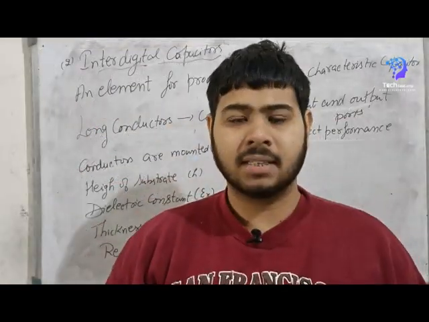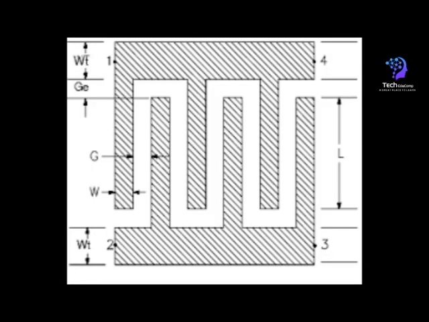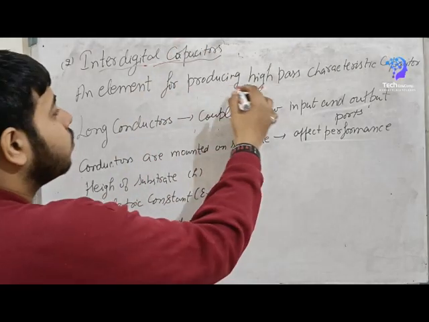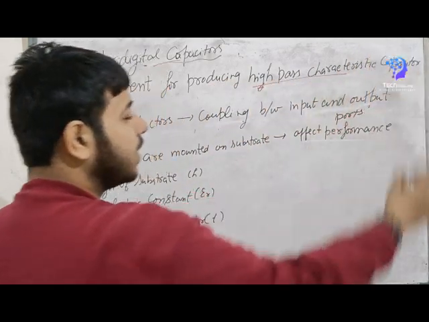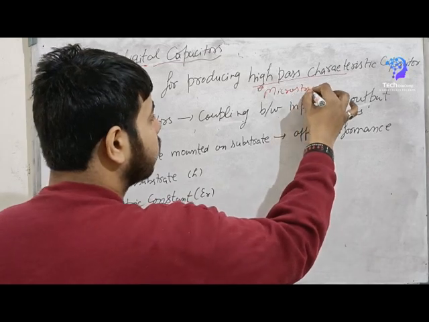The second type is the interdigital capacitor. These types of capacitors are used for producing high pass characteristics by using microstrip lines.